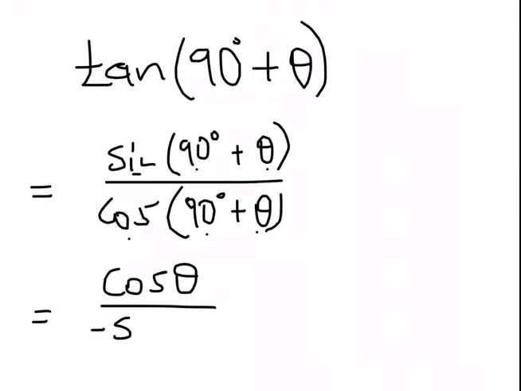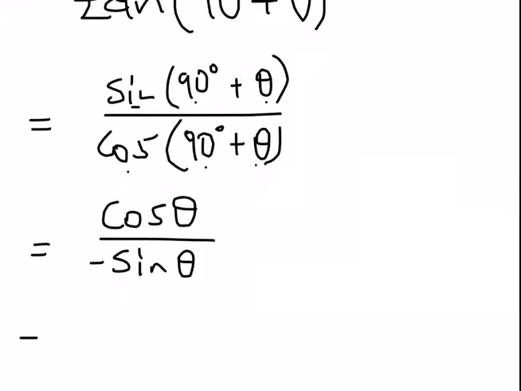That's why it becomes negative sine of an angle. Trust me when I say the moment you have cos at the top and sine at the bottom, this is the same as cot. It is the reciprocal of tan. So remember, you still have that negative there. So you are having negative cot of an angle.